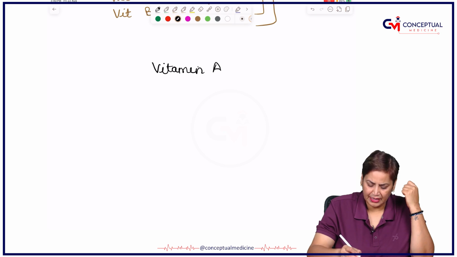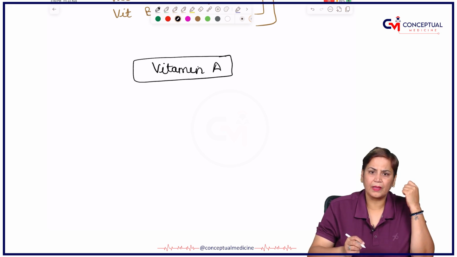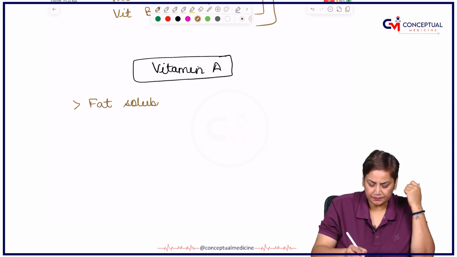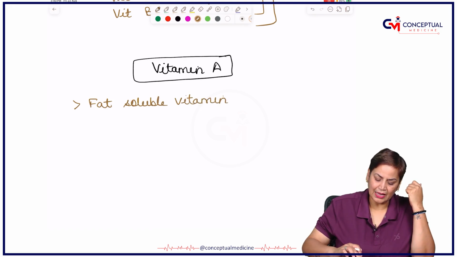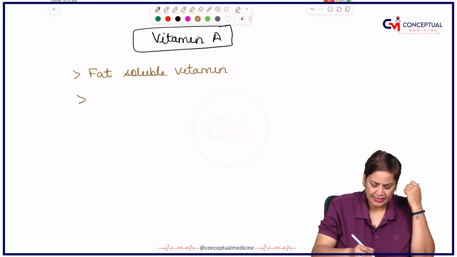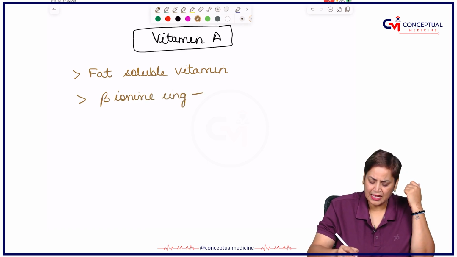Now vitamin A, obviously just now I told you it's a fat soluble vitamin. And if we talk about the structure of vitamin A, it has a beta-ionone ring plus an isoprenoid unit.